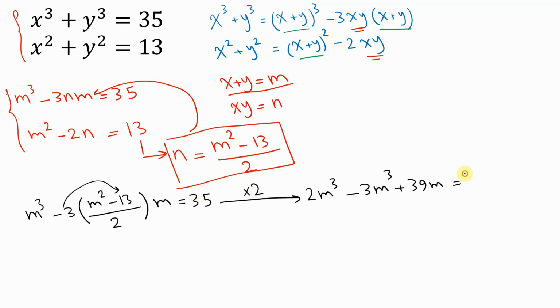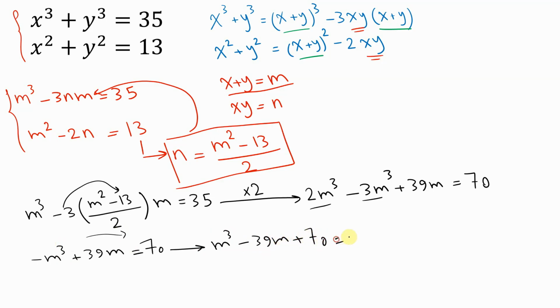Don't forget that. So here we have 70. We can simplify this: minus m cubed plus 39 times m equals 70. We can organize it, making this coefficient plus 1, which is m cubed. Actually move these two to the right hand side: m cubed minus 39 times m plus 70 equals 0.